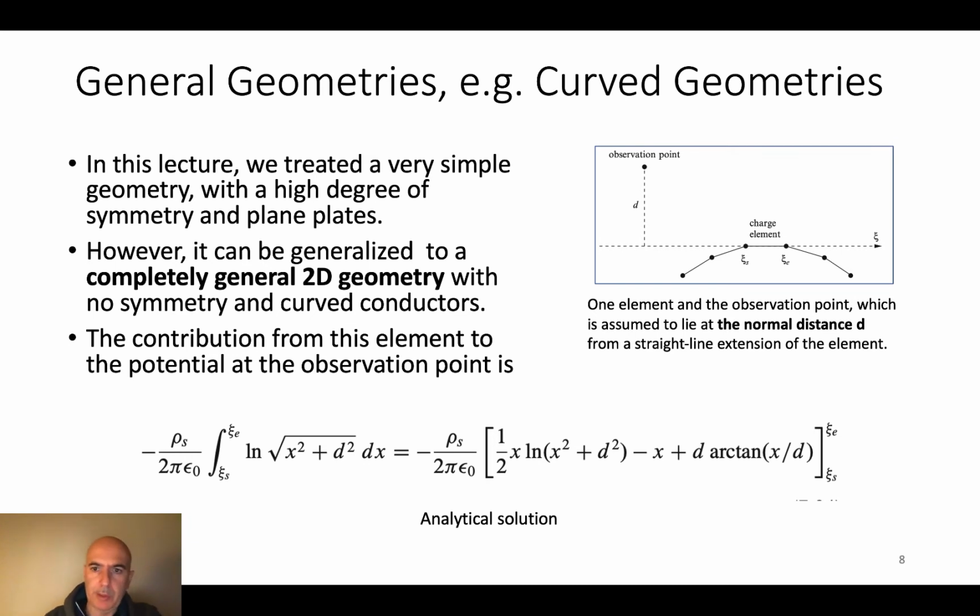So it can be also a curvilinear case, like in this case where we have one element, this element here, and an observation point here, which is assumed to lie at the normal distance d from the straight line extension of the element. So in this case, when we calculate the integral, we have one in the x direction, and then we calculate the y direction that we call the d. This is going to be the distance normal to the element.